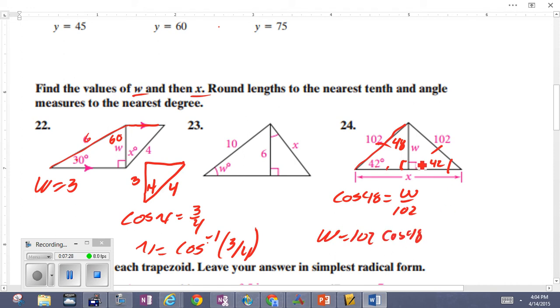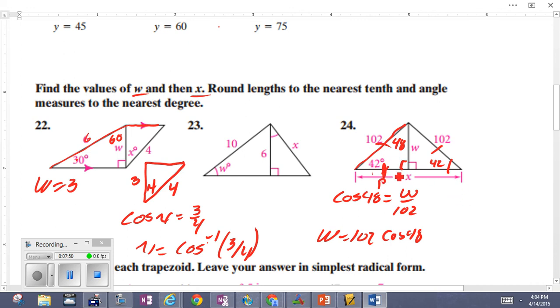Now, even without W, we could find this length and reason that that length is half of X. So if we call that length P, relative to 48, we could use the sine of 48.